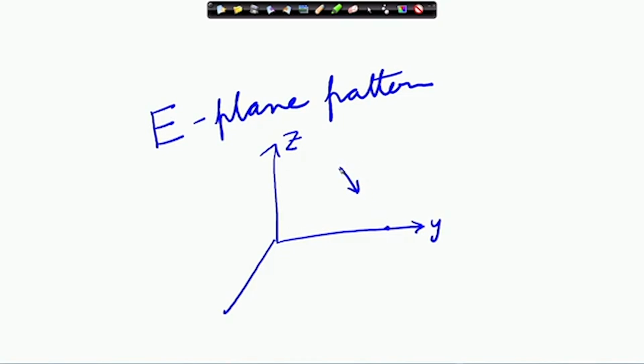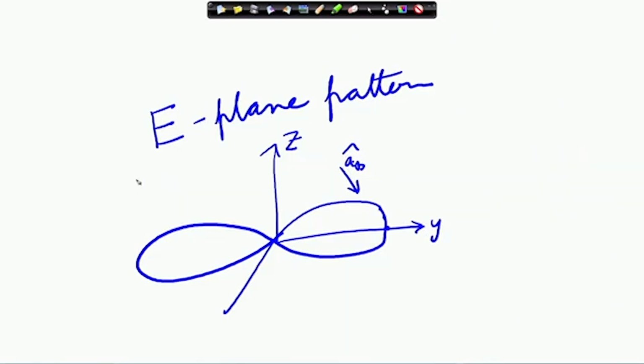So, in the plane of E theta and y, if I vary the angle theta, we have already seen that the pattern was like this. So, this is the E plane pattern.